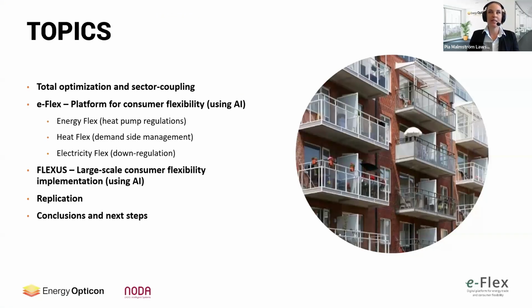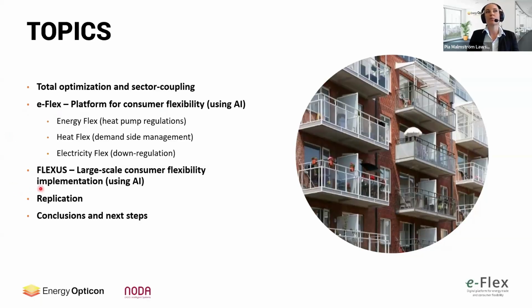Here are the topics that we will cover. First we will explain total optimization and sector coupling. Then we will go into the actual platforms and the different types of usage of these different types of flexibilities.